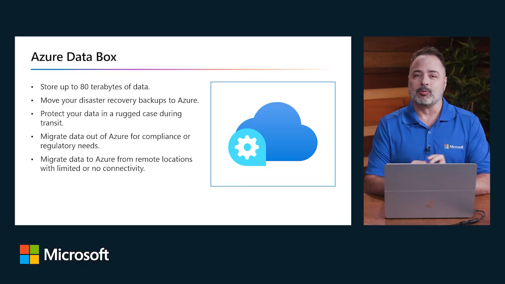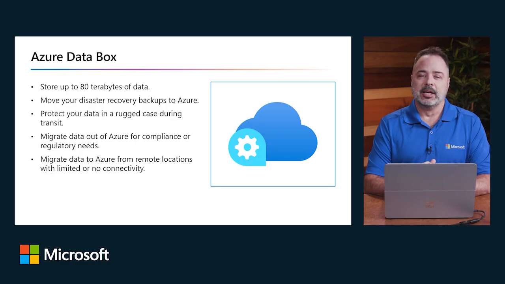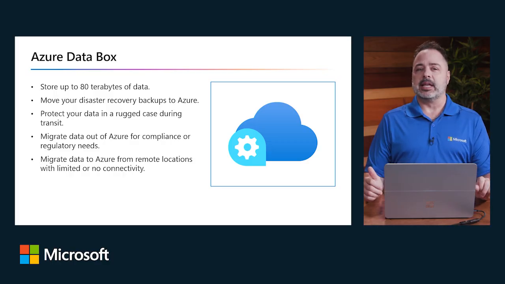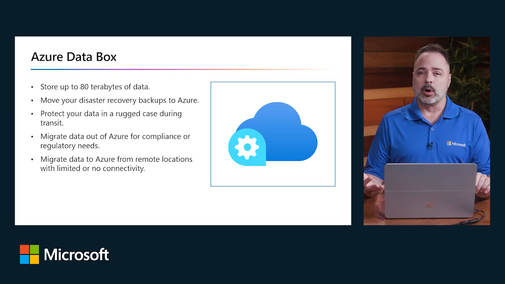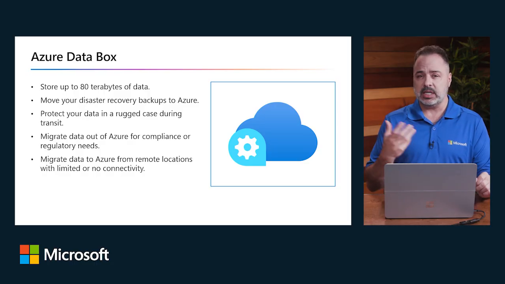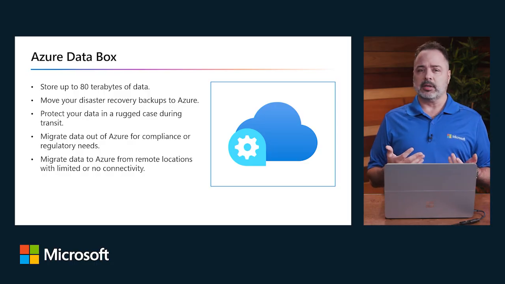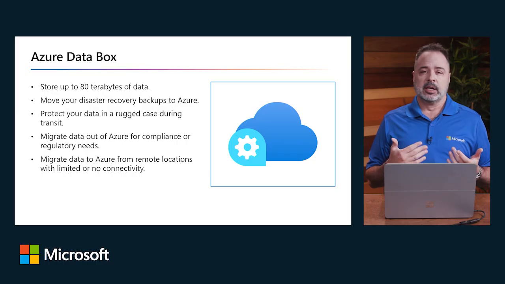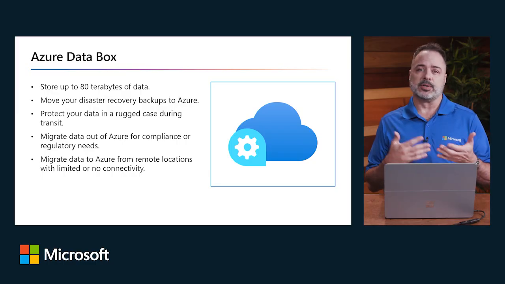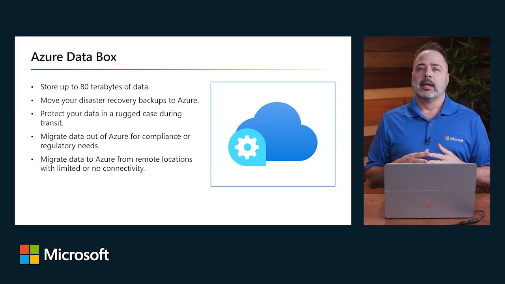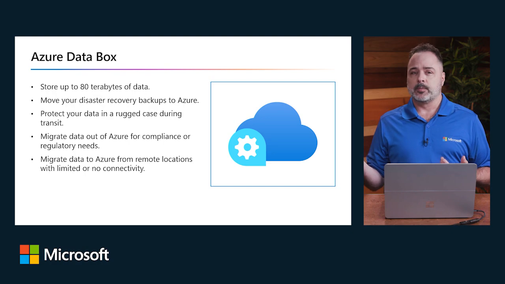The device has a rugged casing to protect and secure data during transit. You can order the Data Box device via the Azure portal to import or export data from Azure. Once the device is received, depending on whether you'll import or export data, you'll copy the data from your servers to the device or vice versa and ship the device back to Azure.